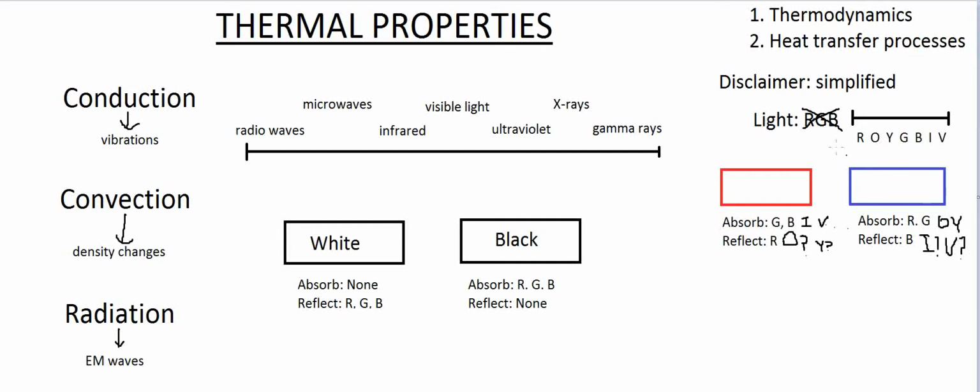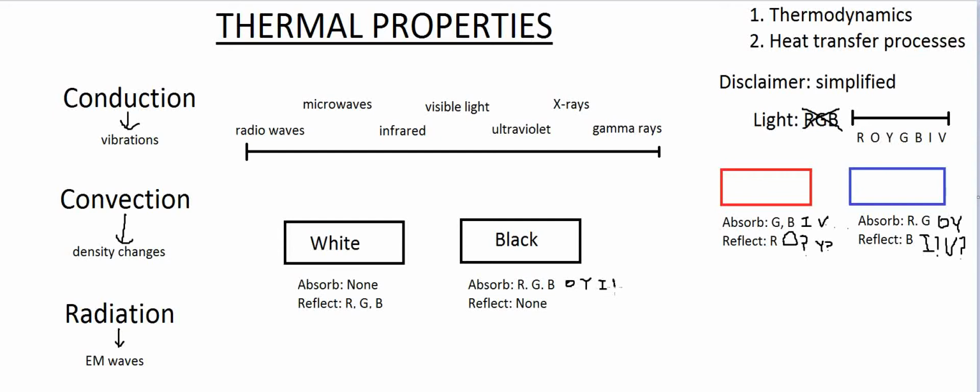For green surfaces, it absorbs light at both extreme ends of the spectrum, but it reflects light in the middle. Black absorbs not just RGB, but basically all the colors that you can name off: orange, yellow, indigo, violet.